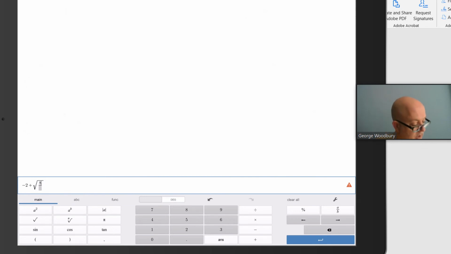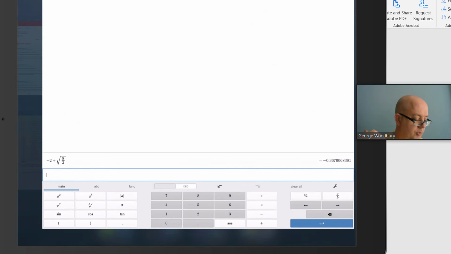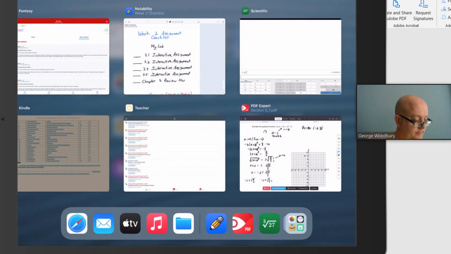Whoops. I've got to put the 3 in the denominator. So there we go. And I'm going to round this just to the nearest tenth. You can round it to wherever you need to, but negative 0.367 is about negative 0.4, and that should get me close enough to graph this. By the way, let me push enter there, and let me put that on the graph.